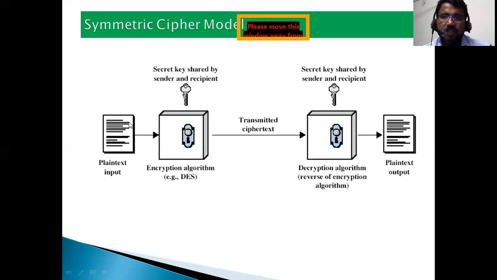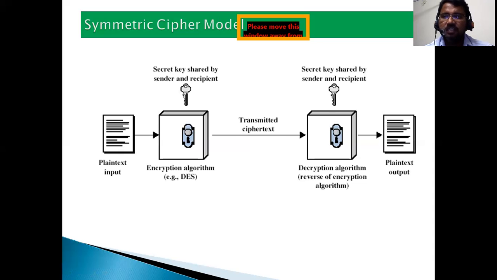So here is plain text and here is plain text. In between, whatever text is transferred from encryption to decryption is called cipher text, which is encoded text. This is called a symmetric cipher model.